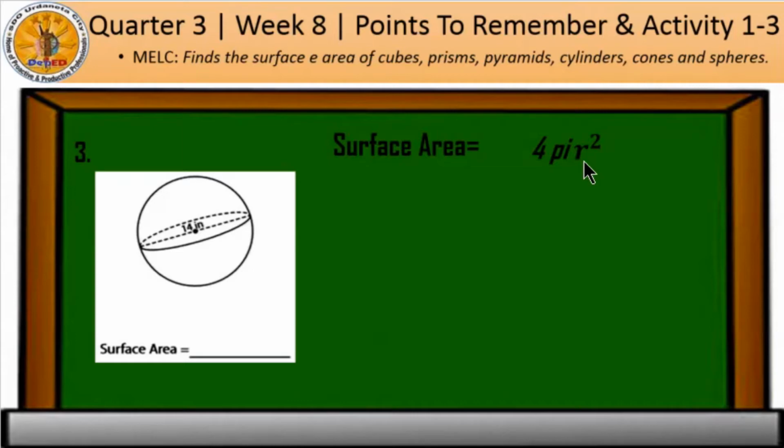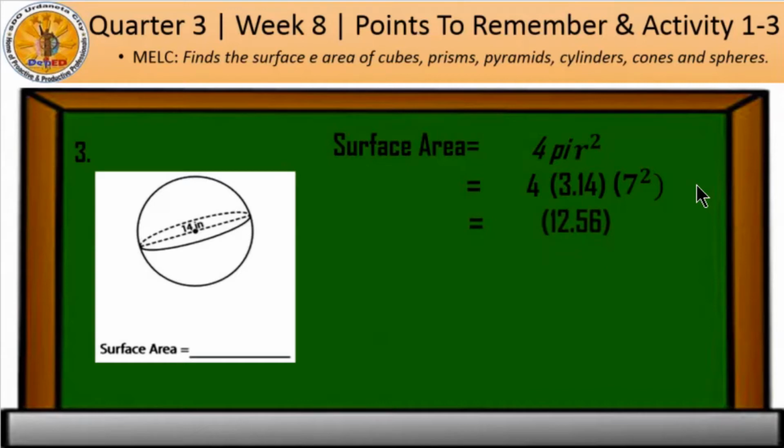Let us now substitute the given numbers. So we have 4 multiplied to pi, which is 3.14, multiplied by 7, which is the radius, then square.